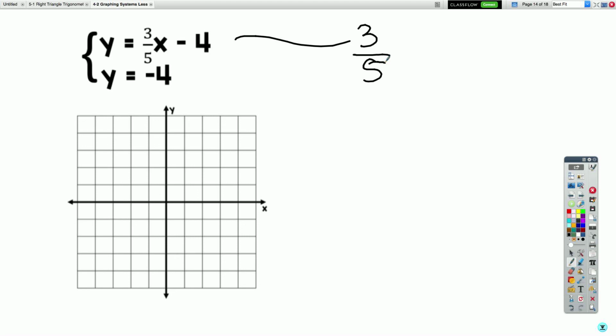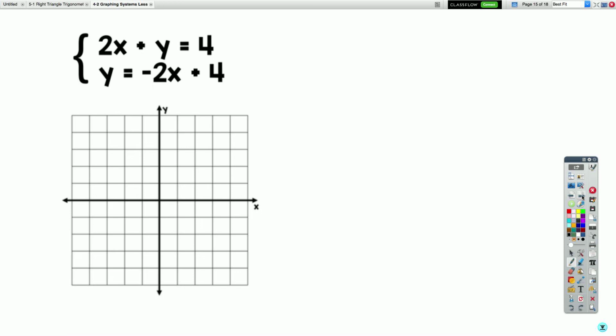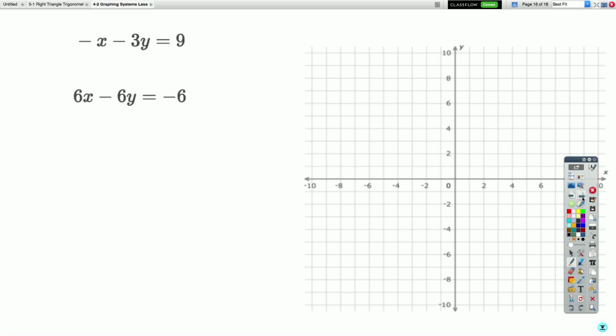It's a y, meaning it's a horizontal line at -4. What is the slope for this line right there? 0. The slope for that is 0. You can't say that it doesn't exist. The slope is actually a number, 0. So then it would cross somewhere down there. But we can't really do these if we don't have graphs, so that's okay.